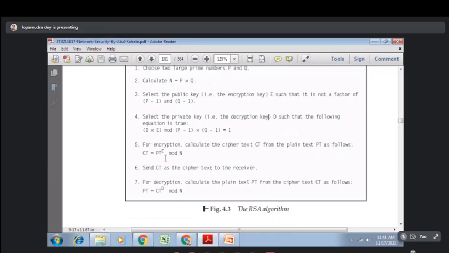The formula for the ciphertext is plain text to the power E mod N, and the ciphertext will be sent to the receiver. Now the receiver will decrypt it. For the decryption, the same kind of formula is used, that is CT to the power D mod N, which gives you the plain text back.